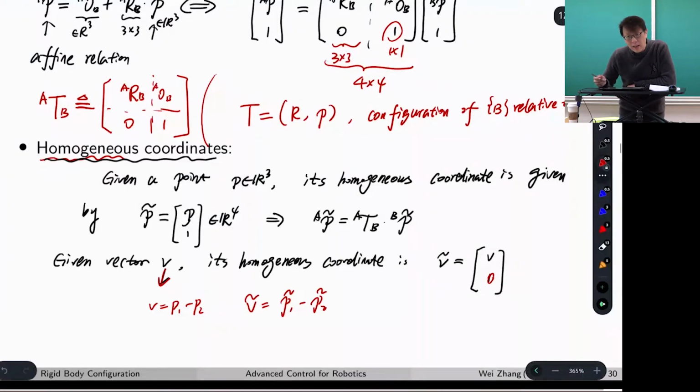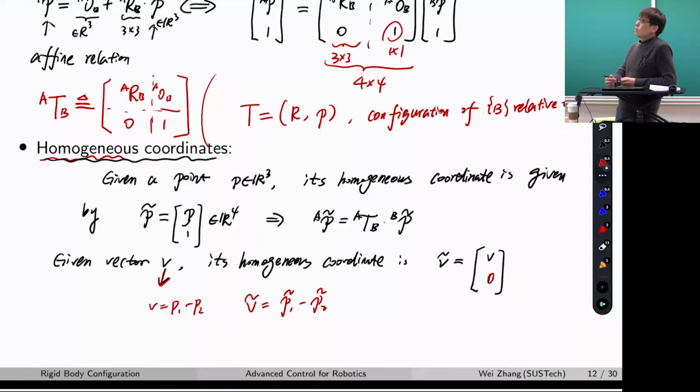For a free vector, its homogeneous coordinate is V, and the next one is 0. That's a free vector. For a point, you need to add 1. That's a little bit counterintuitive, but it's an important fact. Later on you will see a few places where this helps you understand the result.